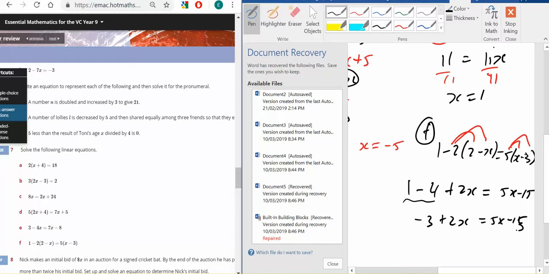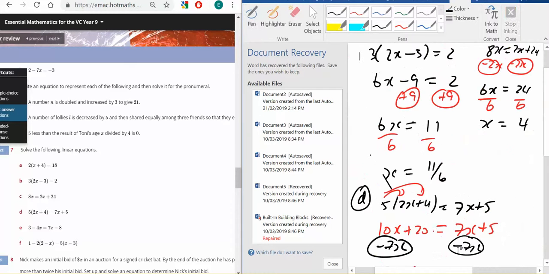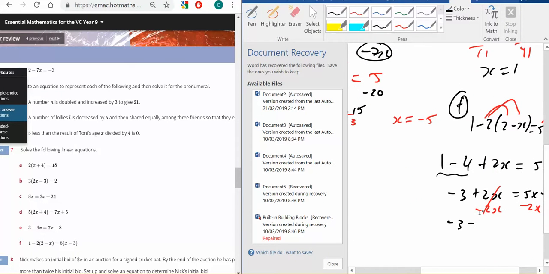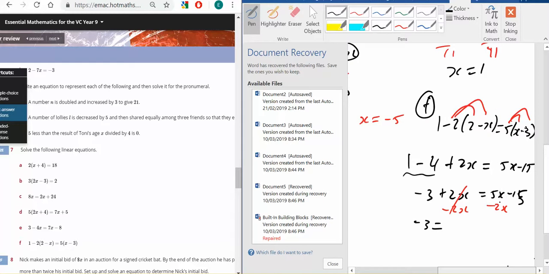Now I want to get rid of the 2x because there are x's on both sides, so that goes away. So you're left with negative 3 equals 5x minus 2x, which is 3x, minus 15.